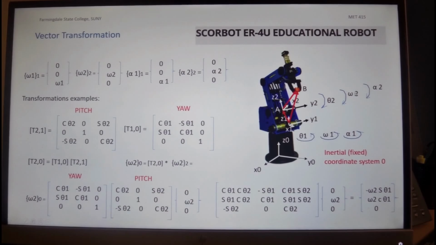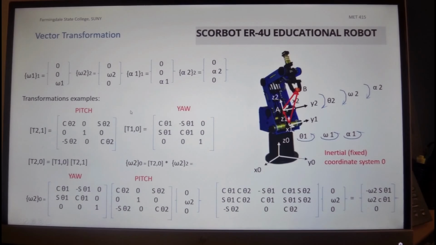Omega 2 we see over here is along this axis, y2, and it is expressed in local coordinate system 2, but we may want to resolve it to the inertial frame, and we want to see the components of omega 2 as they are reflected on x0, y0, and z0.